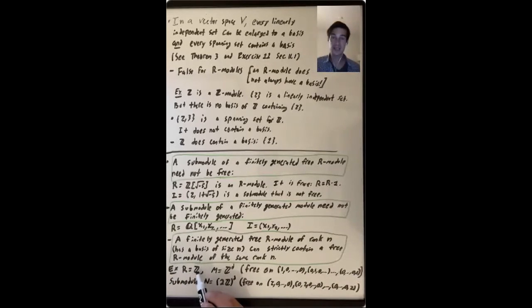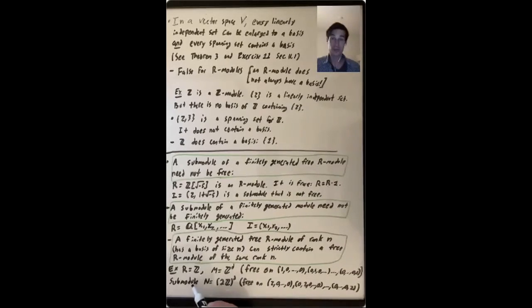If R is Z, then we're just looking for an abelian group and a subgroup that satisfies this condition. M equals Z^d. This is a free R module of rank d. It's free on the set of d standard basis vectors (1,0,0,...,0), (0,1,0,...,0), up to (0,0,...,0,1).